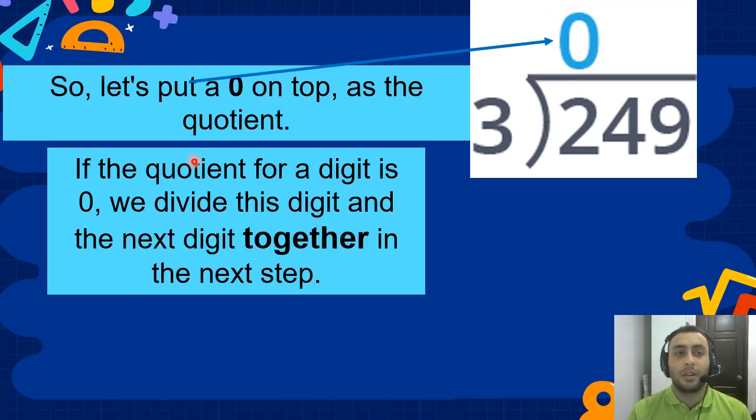Now, if the quotient for a digit is 0, like this one, we divide this digit and the next digit together. So you see 2, the quotient is 0. So we divide 2 and 4. Because we cannot do only 2. So 2 and 4, which is 24.